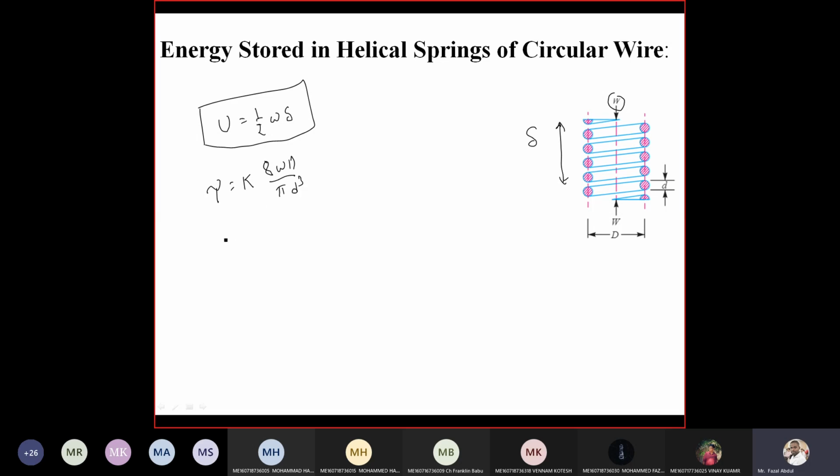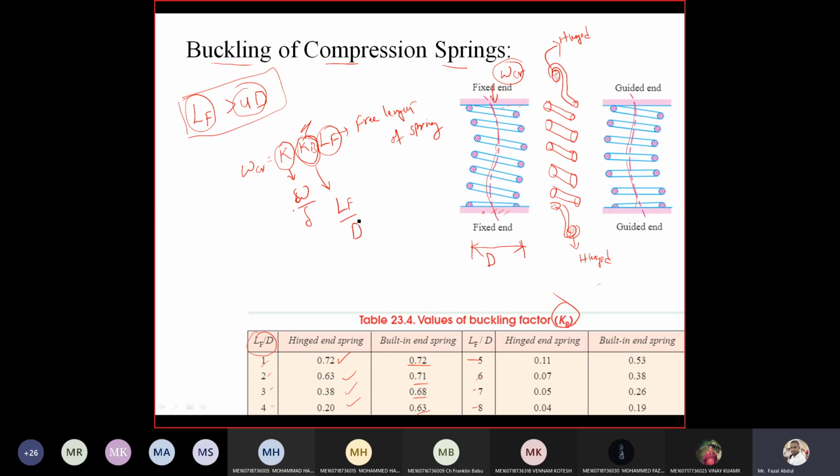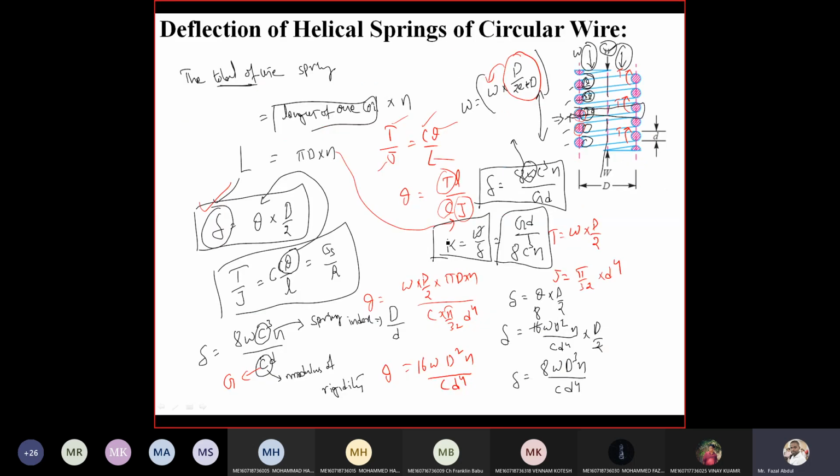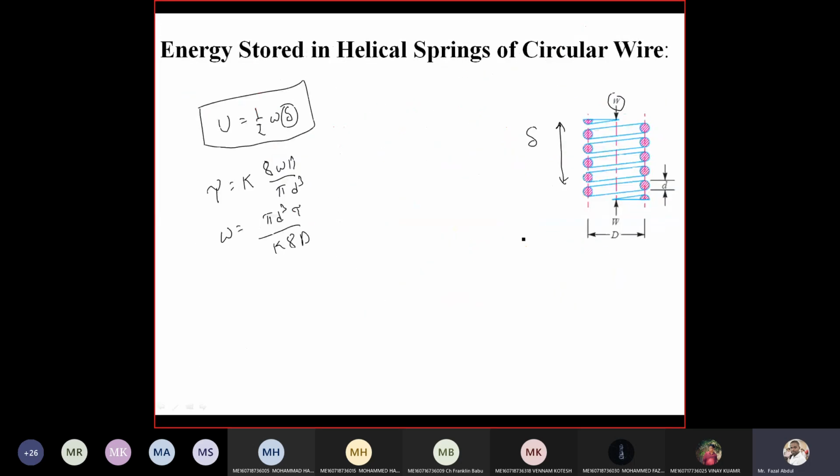With this equation we get the W value, that is pi d cube into shear stress by K into 8 into D. Now the deflection we just calculated is 8W C cube into N by G into D. This we calculated.